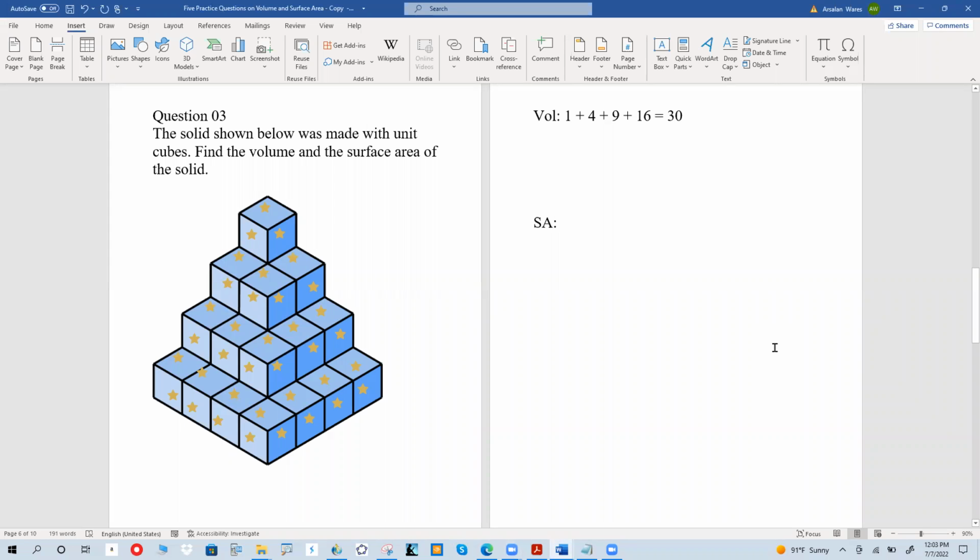I'm counting the squares. I think we got 36, but we're going to soon find out if I messed up, okay? 36 sounds about right.